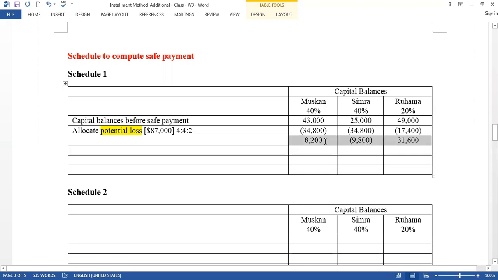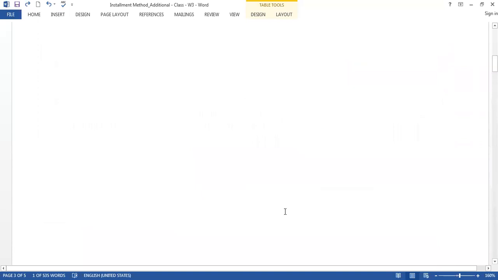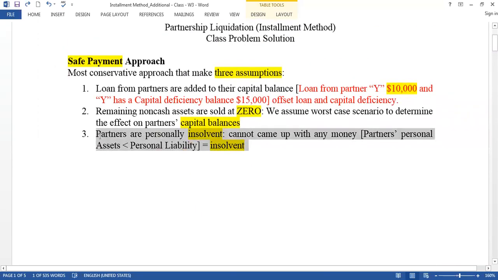Right? This is the capital balances after absorbing potential loss. Now we find that this owner or partner has a capital deficiency, right? Capital deficiency. So now again we have to go back to this assumption, the last one. If you have any capital deficiency, you don't have the ability to bring your personal cash because we assume that you are completely insolvent.